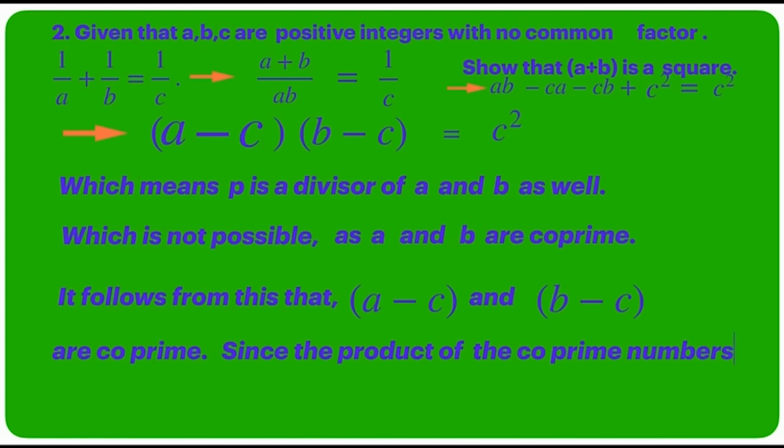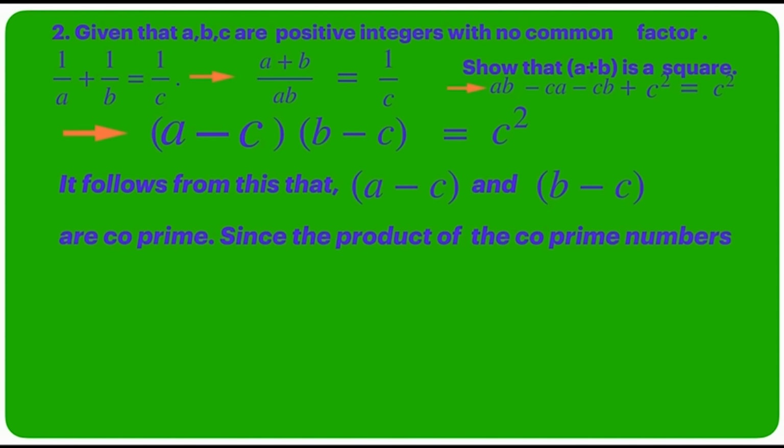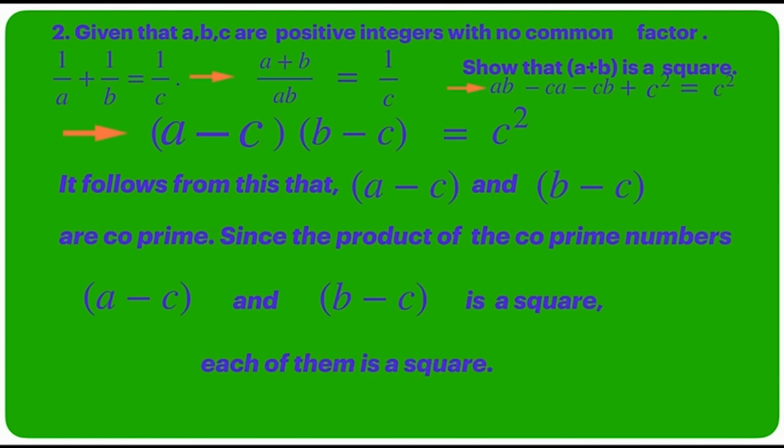Since the product of the coprime numbers is a square, a - c and b - c will each be a square. So suppose a - c is a square number, and we can suppose it to be u², that is, a - c equals u².